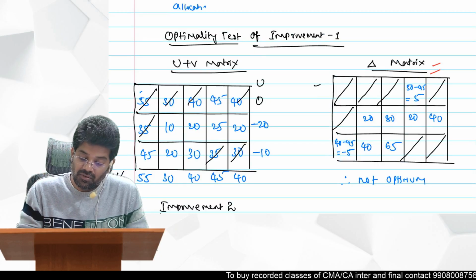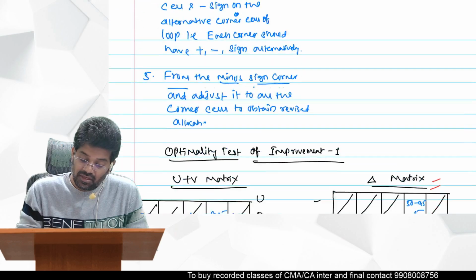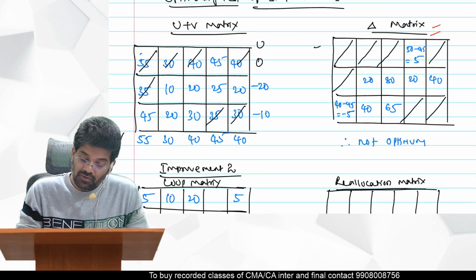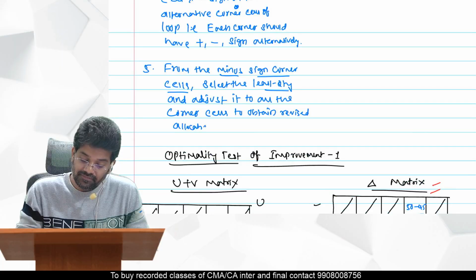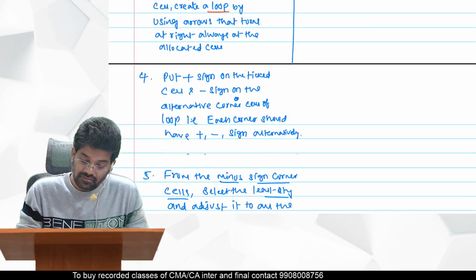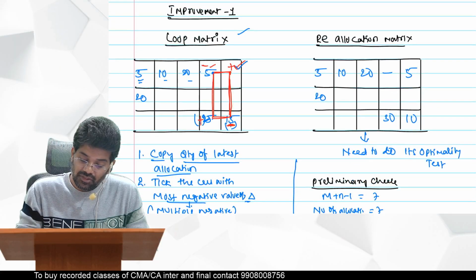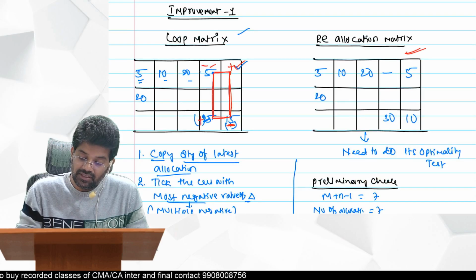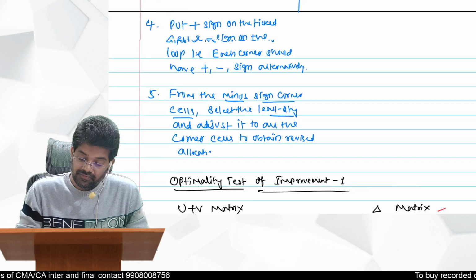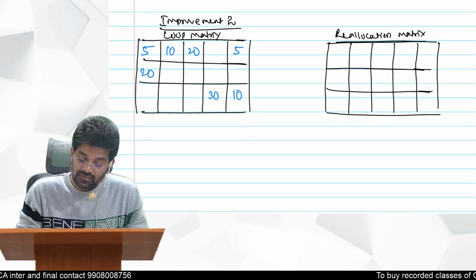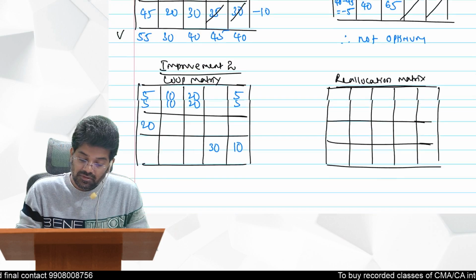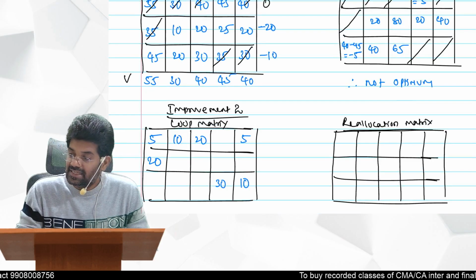According to this improvement one, the reallocation, whatever we got, according to that only we should take. That is the reason I have changed now. Here there is no allocation. So now first we have taken the quantity.